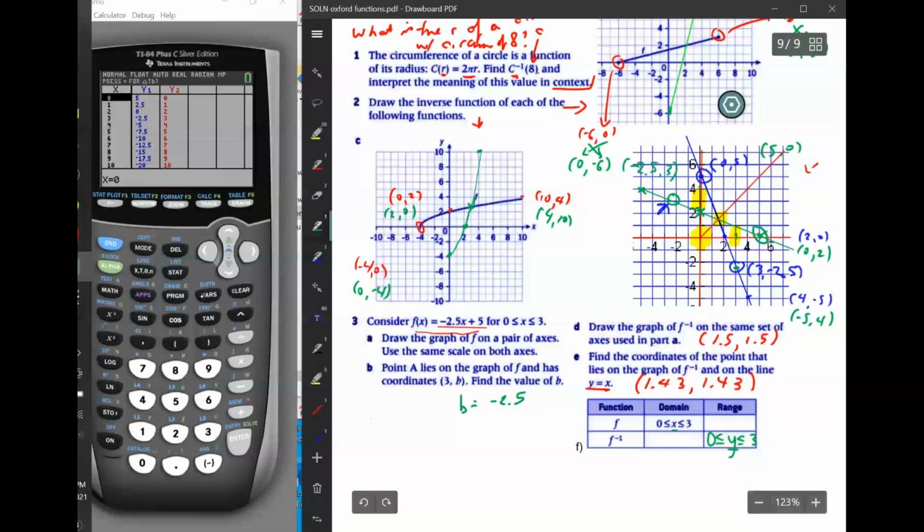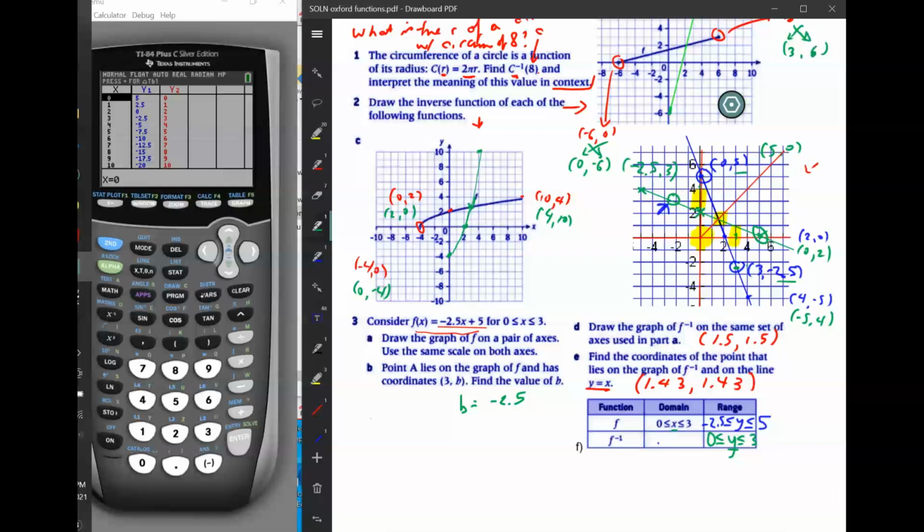Let's go back to the range of the blue function again. It would be the y coordinate here to the y coordinate here, so negative 2.5 less than or equal to y less than or equal to 5, right?